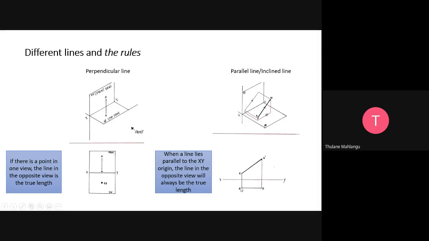So the rule says when a line lies parallel to the XY, as in the top view there, you can see that it is parallel to the XY. So it means line AB in the front view will always be the true length. Since line AB in the top view is parallel to the XY, line AB in the front view will always be the true length.